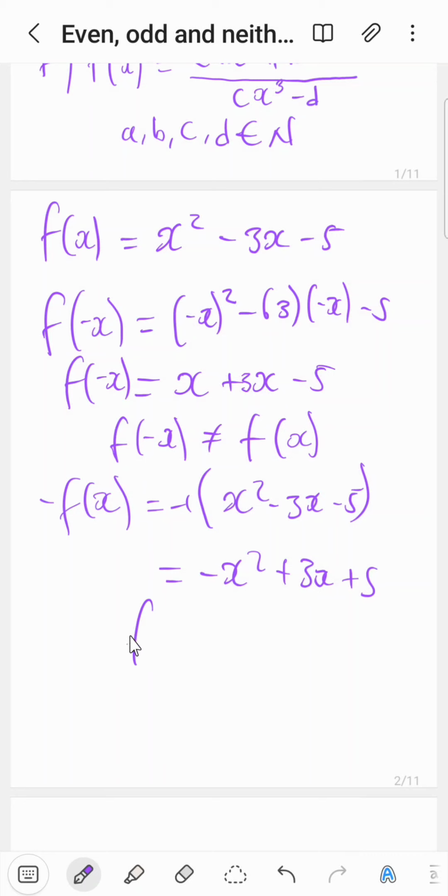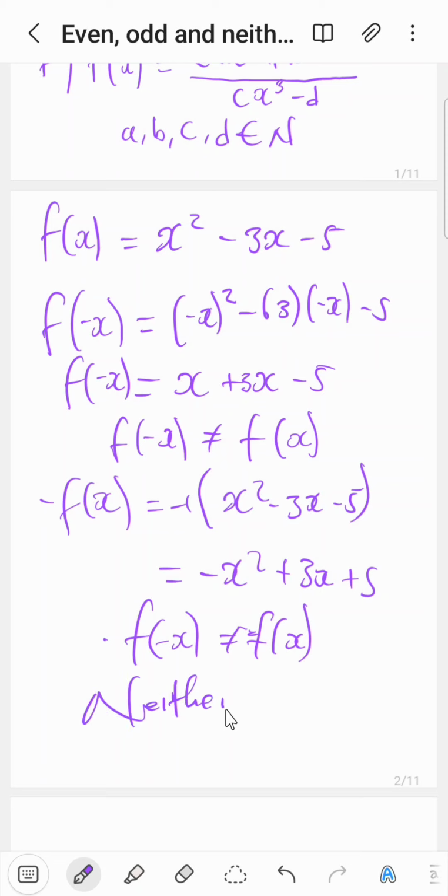So our negative f of x is also not equal to f of negative x, therefore not odd. So the function is neither odd nor even.